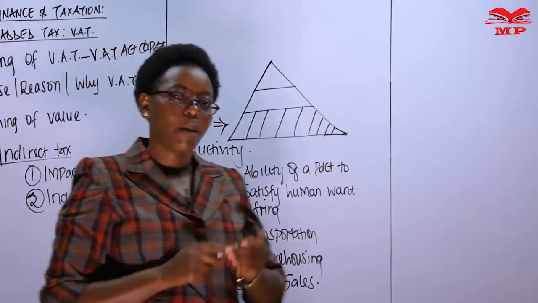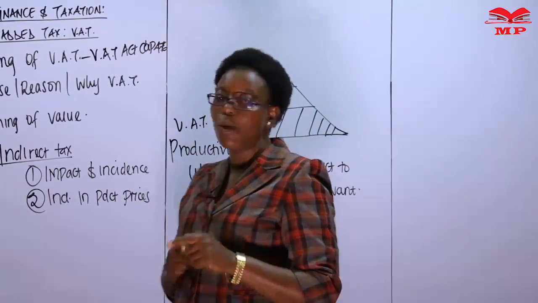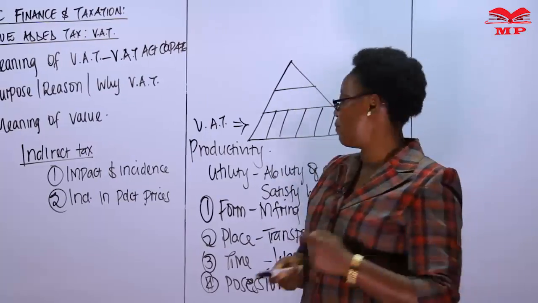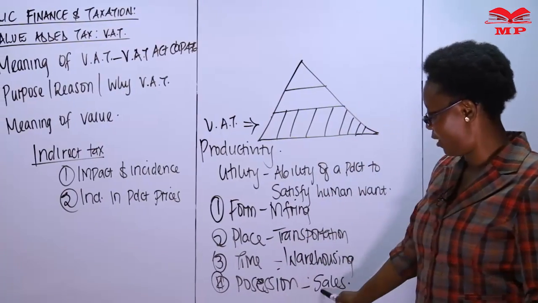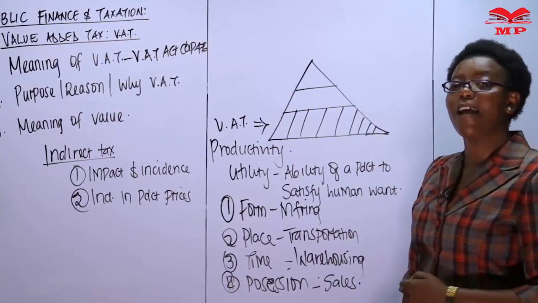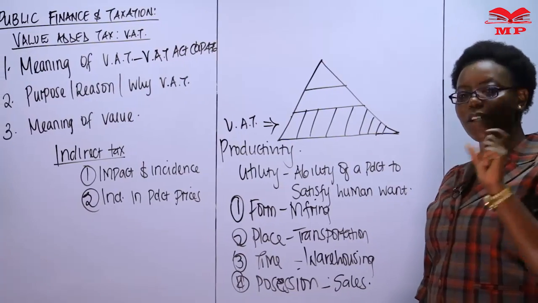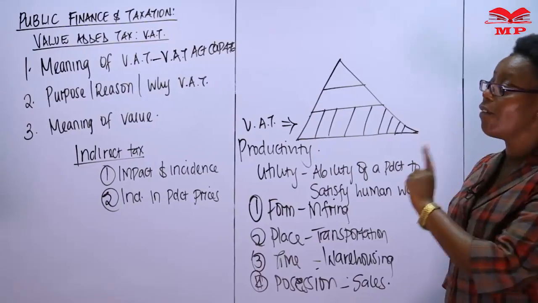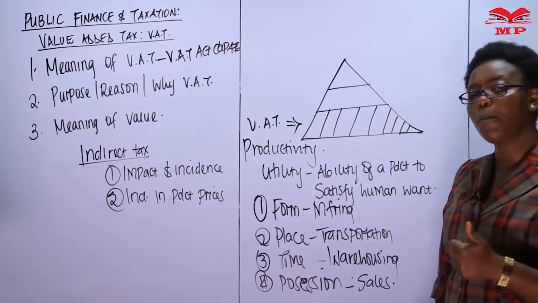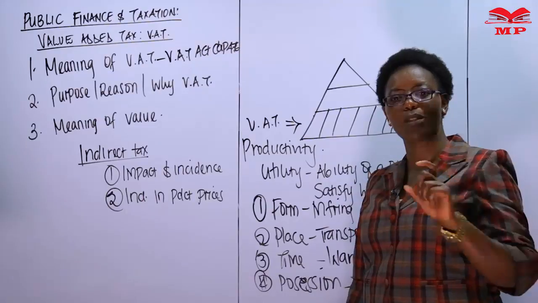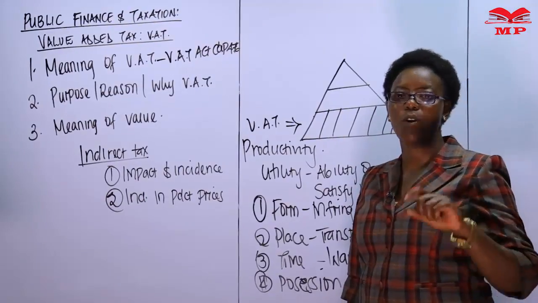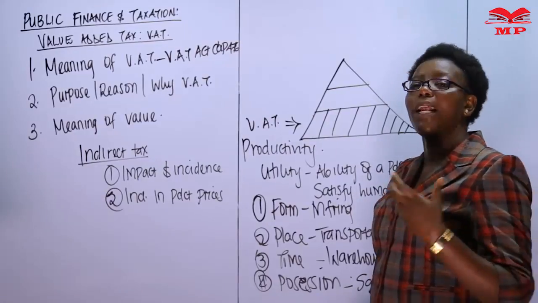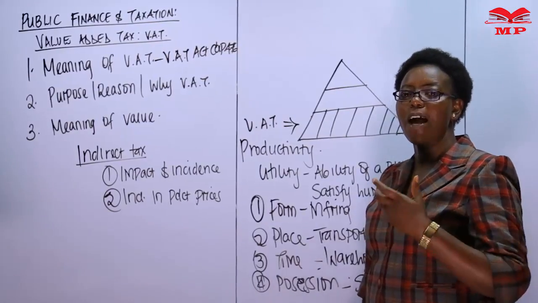So back to the meaning of value. When we equate value to utility, we're saying every time a firm does any of these, then it is creating value. And on the value created, we shall take a proportion of the value to be value-added tax. You remember that in taxation, tax was defined as a proportion of a person's wealth that is willingly transferred to the state.